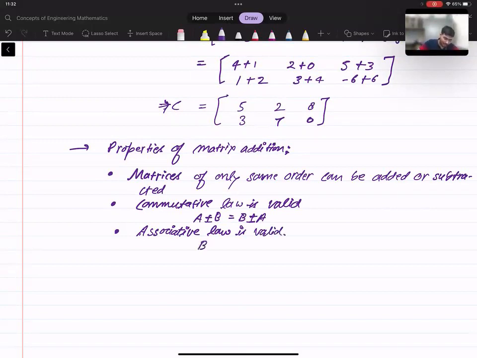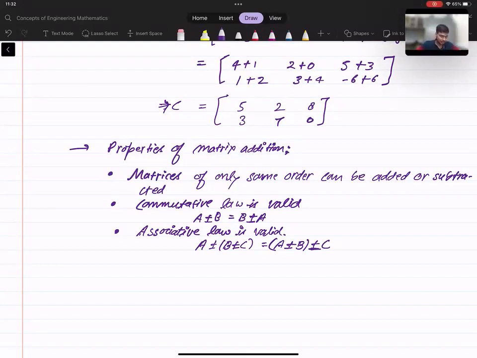It means that suppose we have A plus or minus B, plus or minus C. This will be the same as A, plus or minus (B plus or minus C). Okay. So the associative law is also valid here. Okay. So these were some properties of matrix addition.